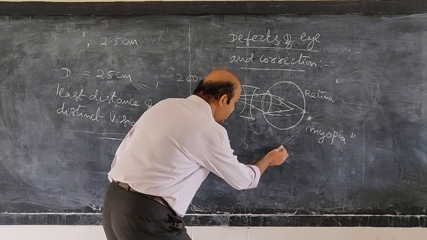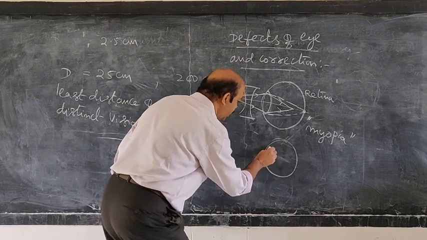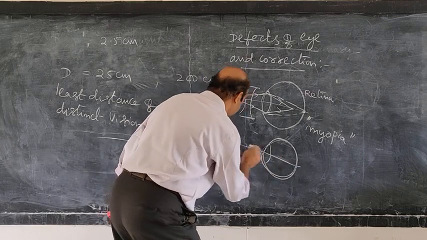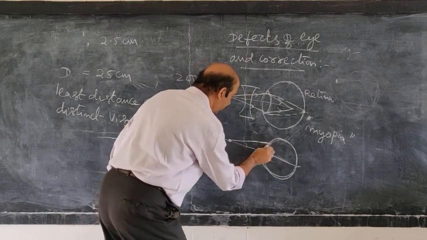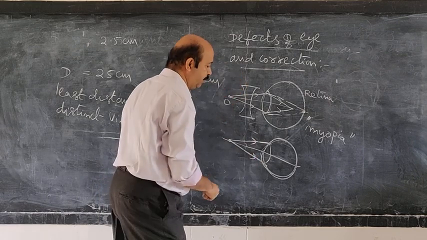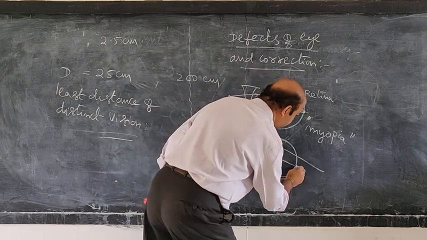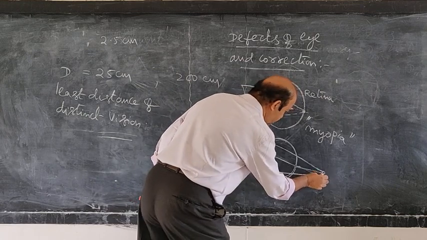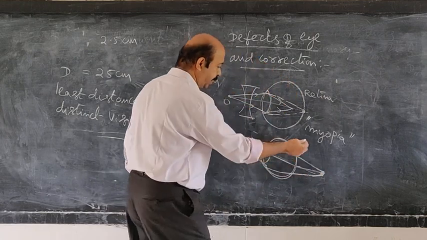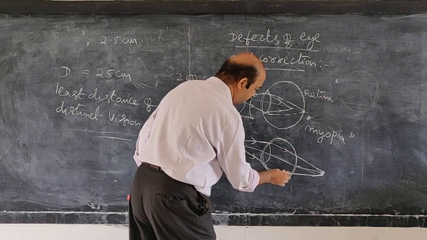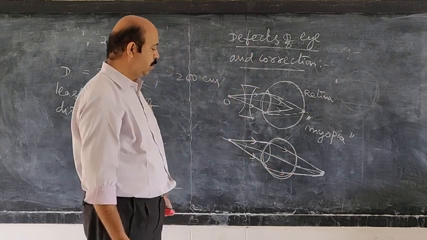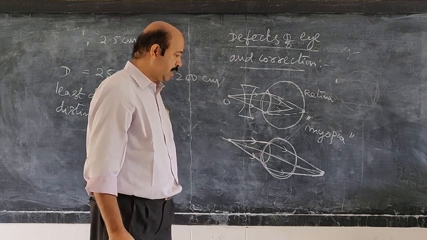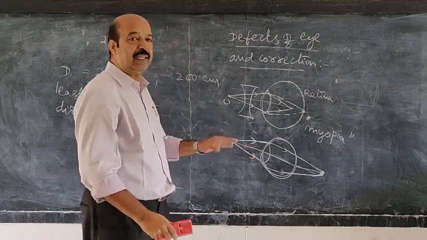Another defect is like this. Let us suppose this is the iris. The rays coming from the object may get focused behind the retina. That means due to the larger focal length of the eye lens, the final image is formed behind the retina.